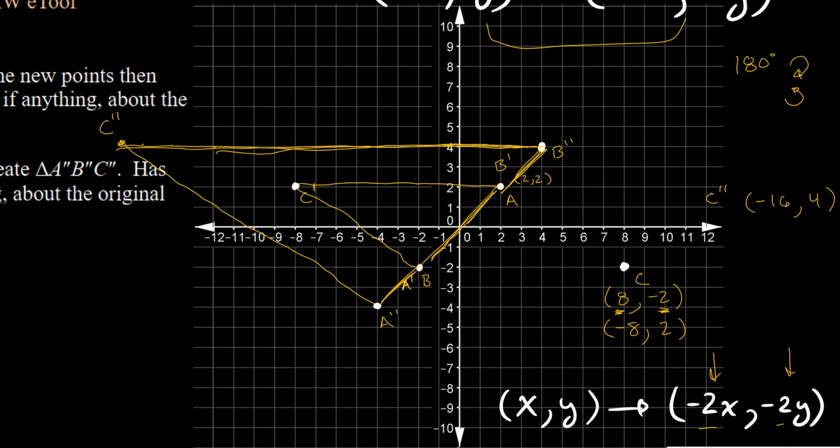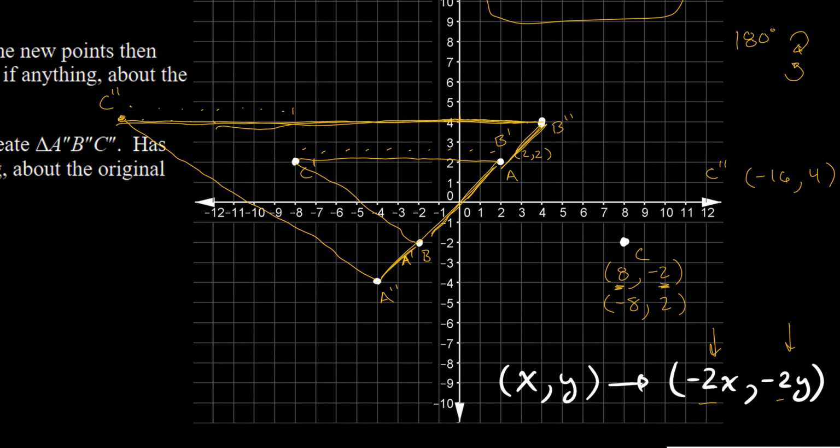Because the original one, this length right here was 1, 2, 3, 4, 5, 6, 7, 8, 9. That was 10 long, and the new one's 20. Maybe. Is it? That's 4 plus, that's 12, 13, 14, 15, 16, 17, 18. Yeah. So I think having this factor of 2 made this one grow.